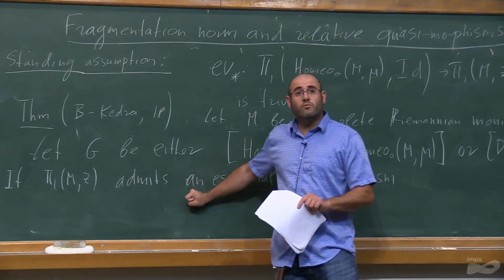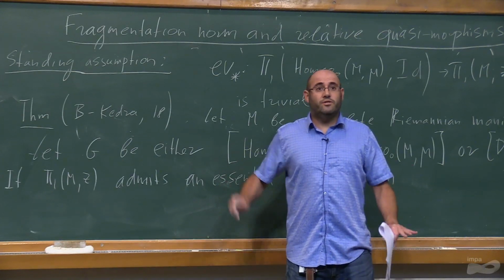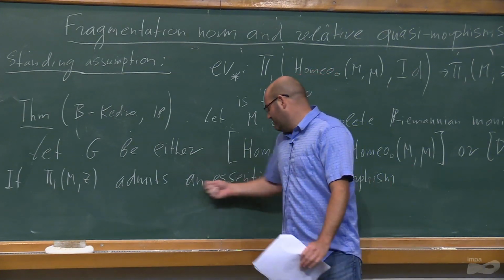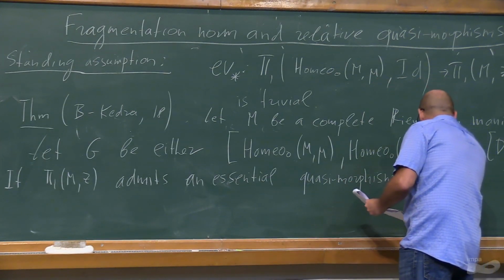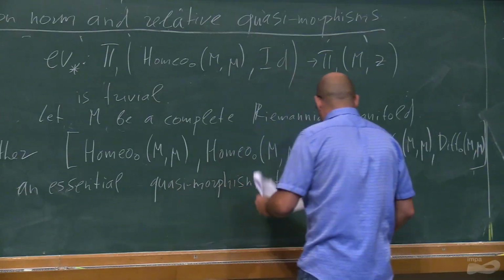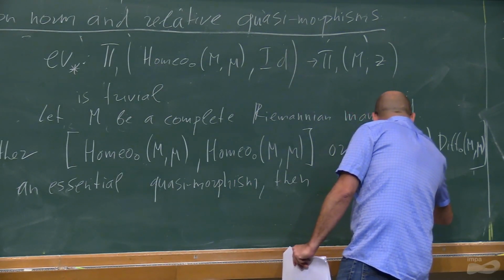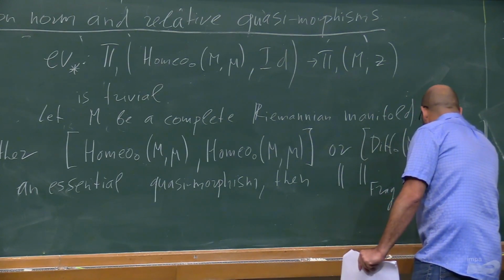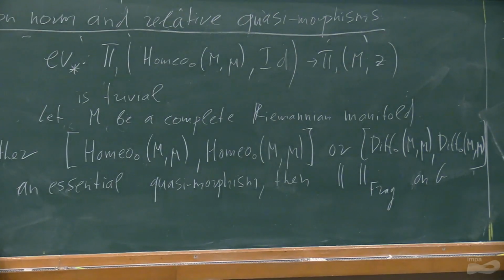And now when I'm talking about quasimorphisms, from now on, they're always homogeneous, by definition. So I will not write this down. This is just some kind of terminology. Then the fragmentation norm on G is stably unbounded.